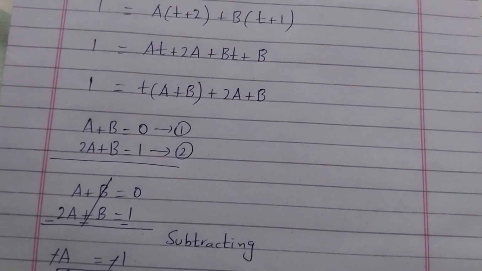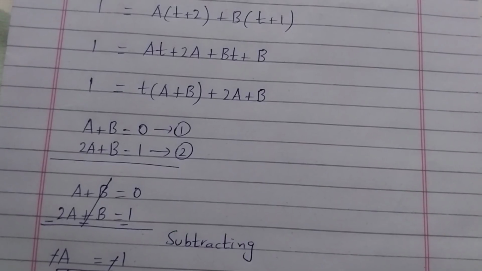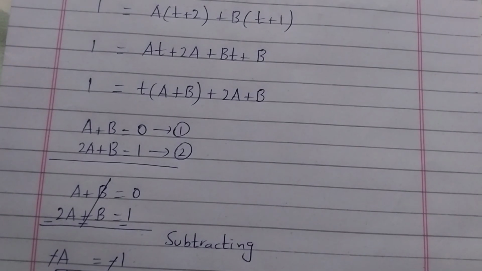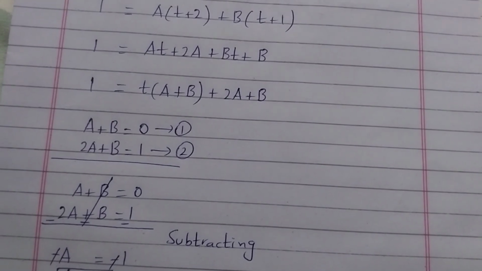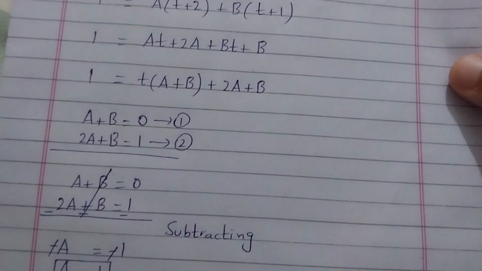Comparing the coefficients of t: on the left hand side there is no term involving t, so the coefficient is 0, and on the right hand side we have a plus b, so a plus b is equal to 0. When we compare the constants on both sides we get 2a plus b is equal to 1. So we have two equations here.